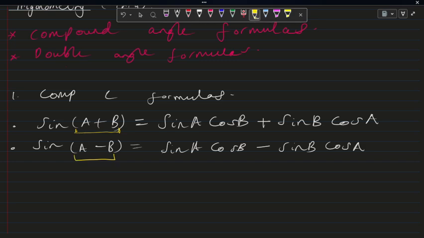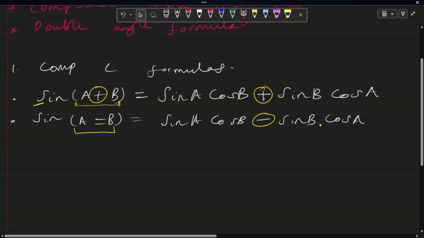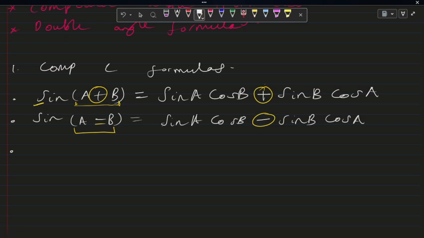One cool way to remember this is that if we are dealing with the sine ratio, the sign does not change. This was minus, and this is minus also. Now, if you look at the cos one, you will see that when it comes to cos, the signs change.